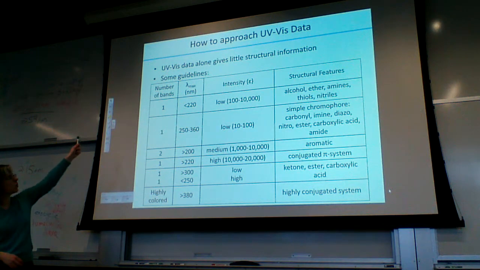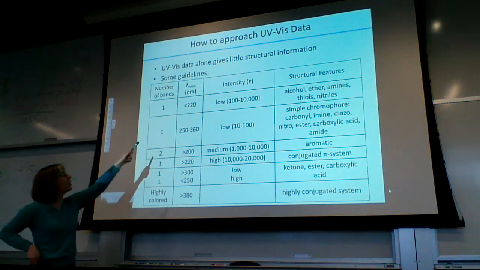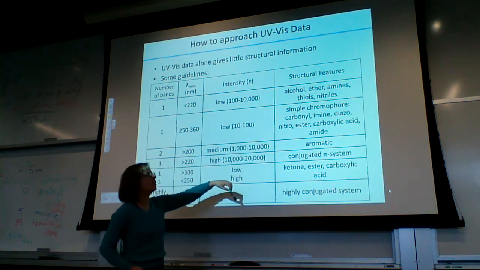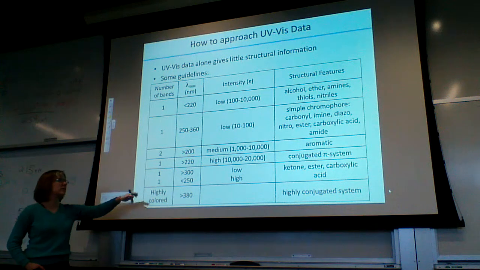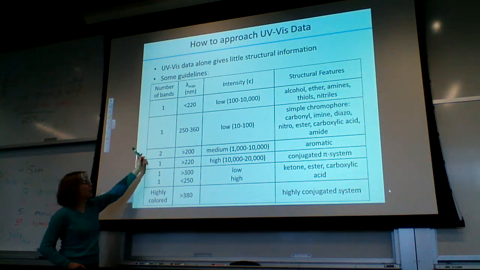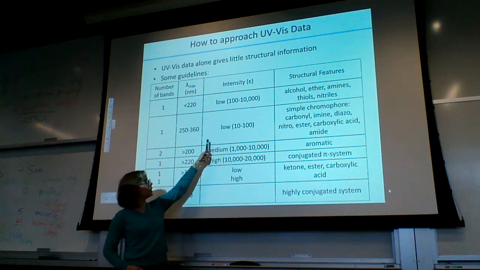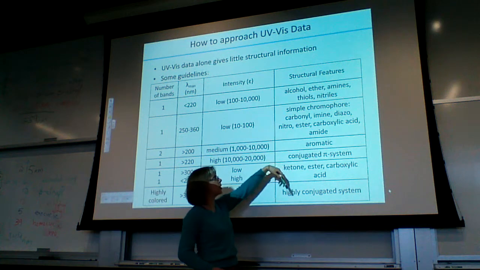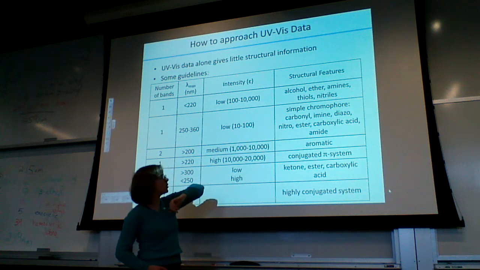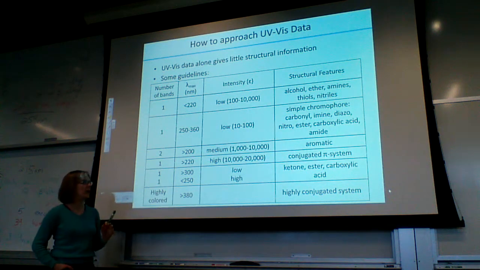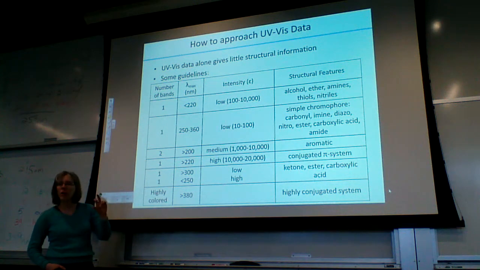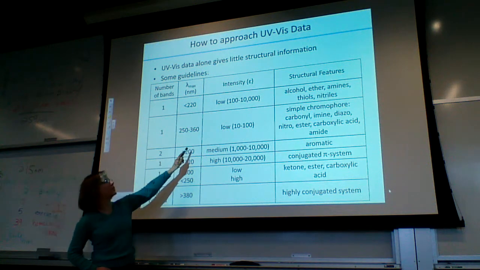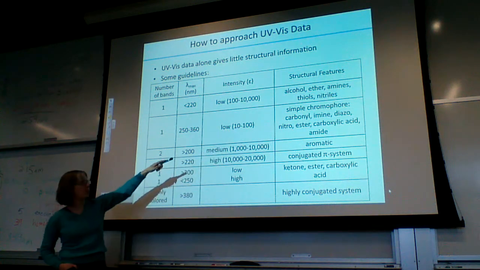So if you have just one band and it's not very high lambda max and it's not very intense, you would think alcohol, ether, amines, thiols, and nitriles. If you have one band and it's somewhere between 250 and 360, and it's very low intensity, a simple chromophore like a carbonyl, diazo, nitro, ester, carboxylic acid, or an amide, so things that have double bonds as part of their functional group. But these are the low intensity, and that's the chromophore by themselves.